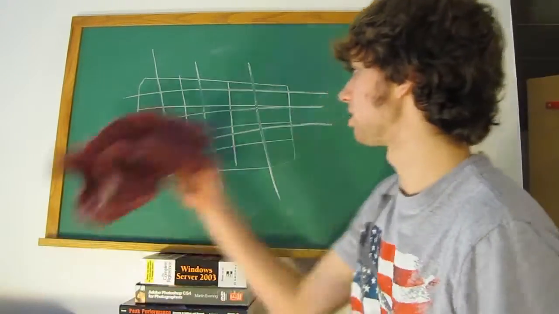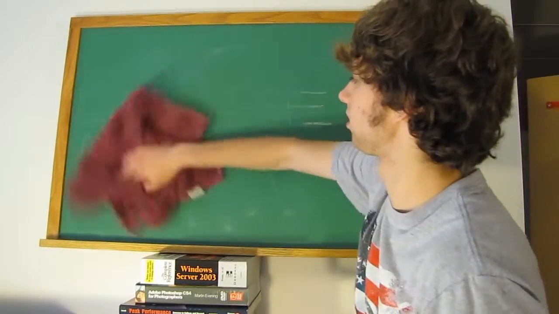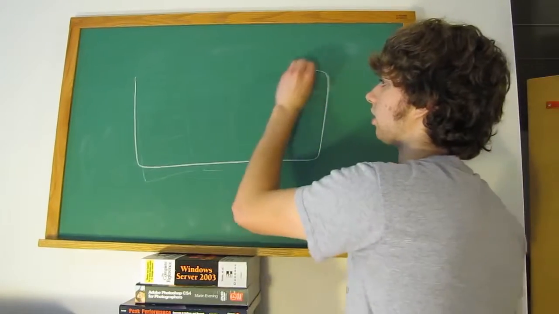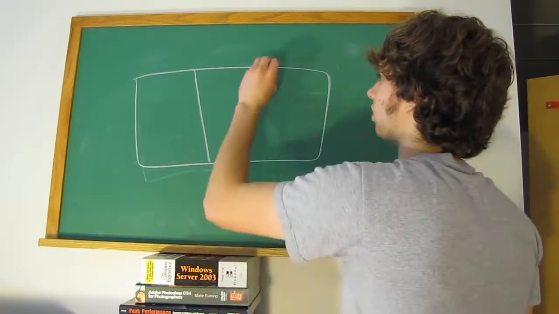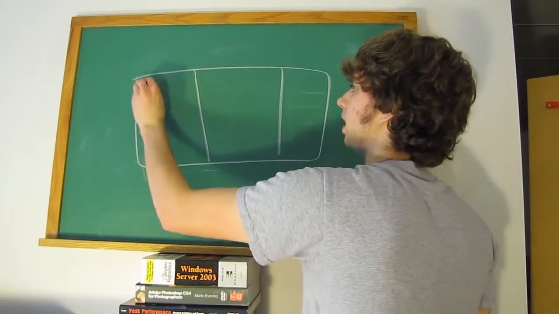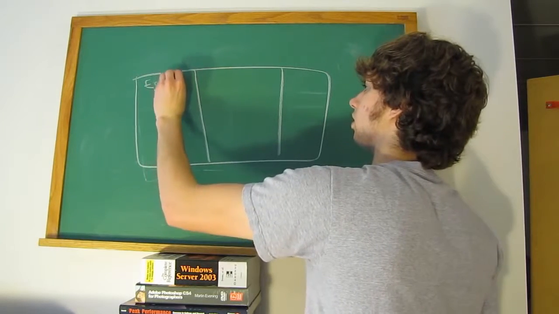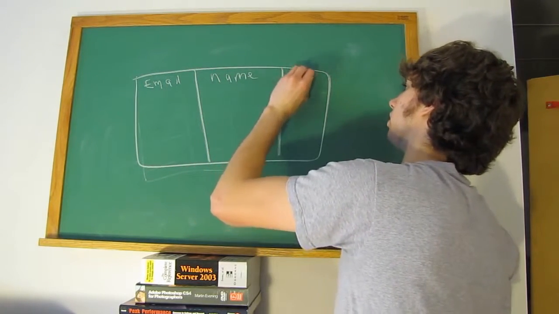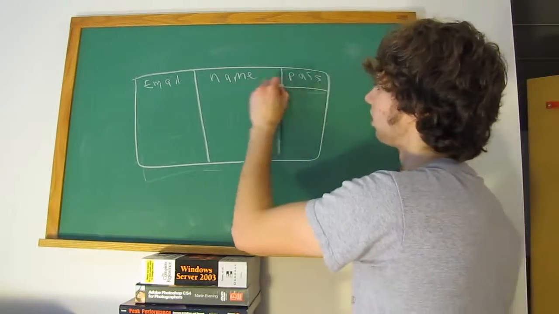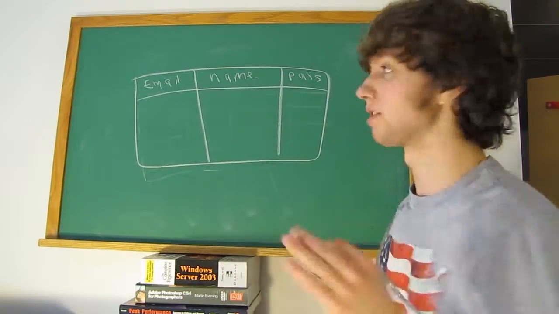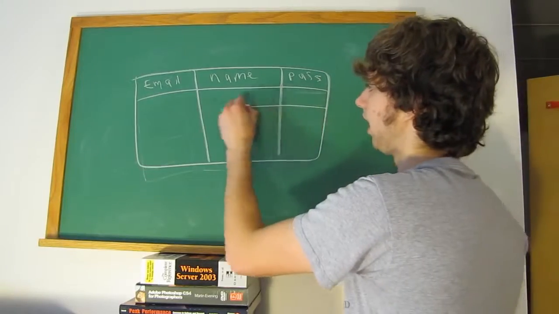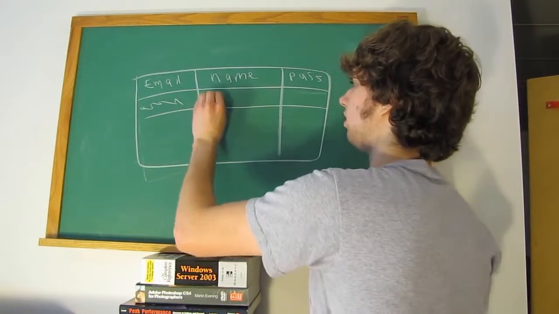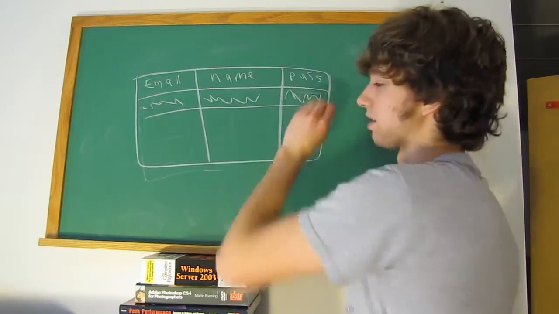So an actual database may be something like this: email, name, password. And then that PHP script sends this information and puts it in here. It adds a new row. So it adds the email, it adds the name, and it adds the password.